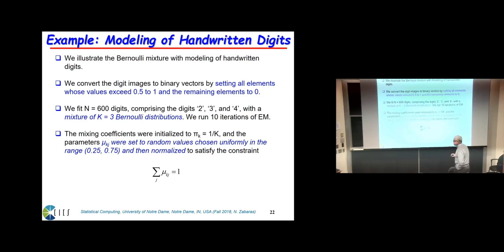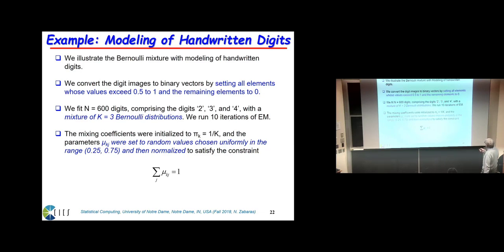Let me see, I think I see a picture coming on the next slide. So this is again the MNIST data set. We take 600 points, and we only take data of handwritten digits 2, 3, and 4.